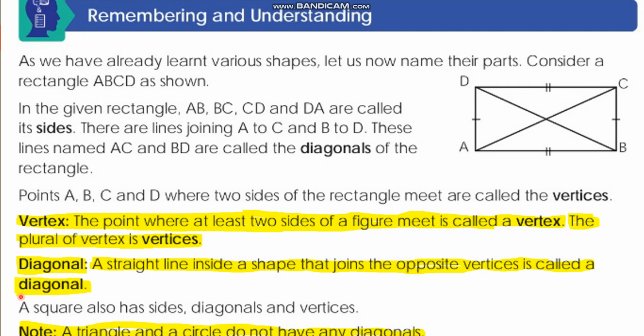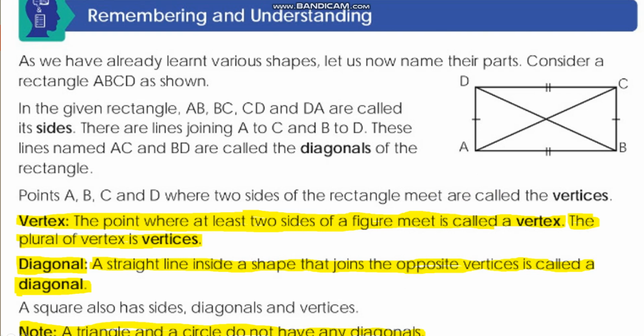Okay, what is the spelling of diagonal? D-I-A-G-O-N-A-L. Diagonal. Got it children? And a square also has sides, diagonals and vertices. Okay, but a triangle and a circle do not have any diagonals. We know how the triangle shape looks.